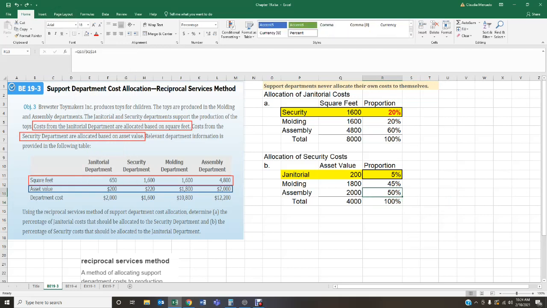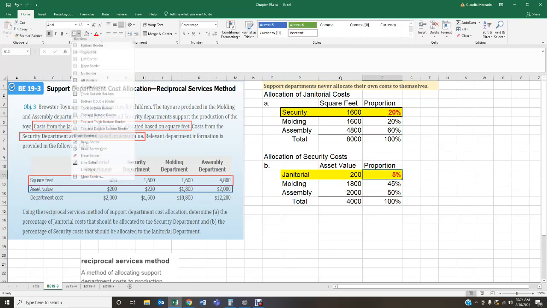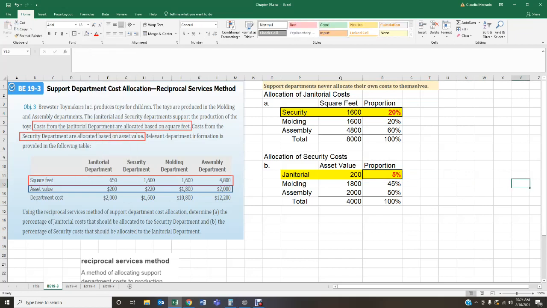Sorry about that, wrong cell right here. There we go. So for letter B, they're asking us to calculate the percentage of security costs to be allocated to the janitorial department. In this case, regardless of the cost of the security department, I'm going to allocate 5% of my expense to the janitorial department.